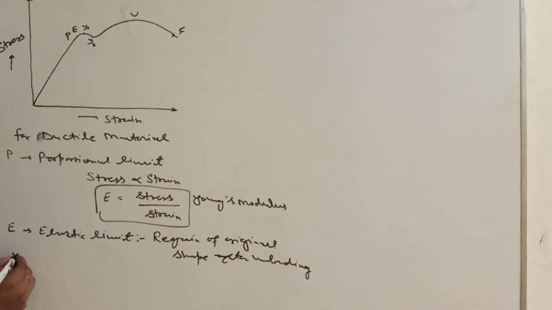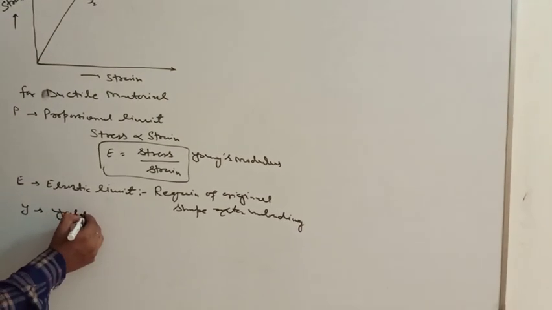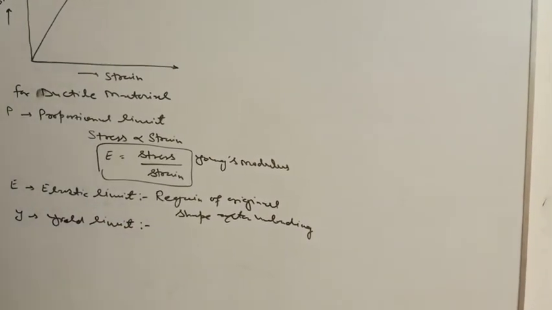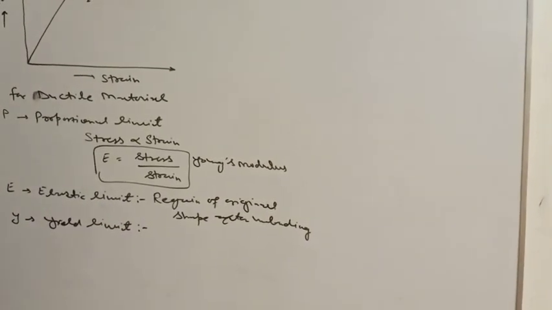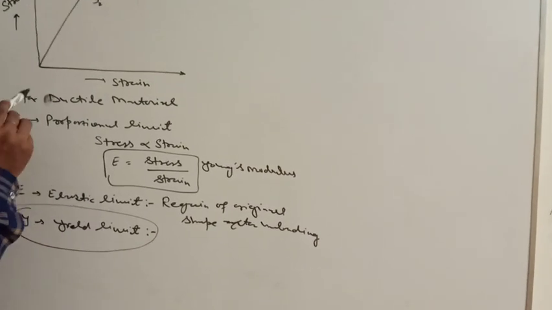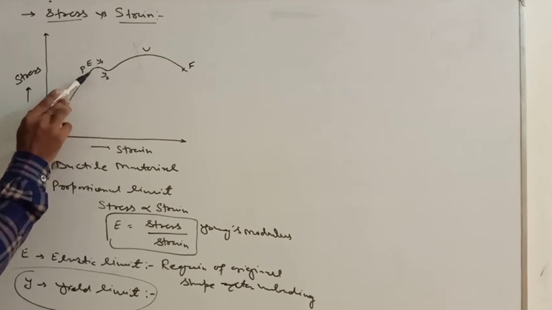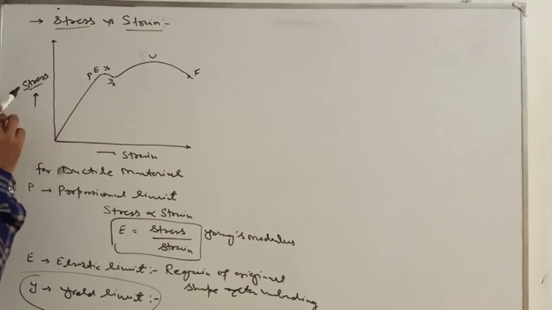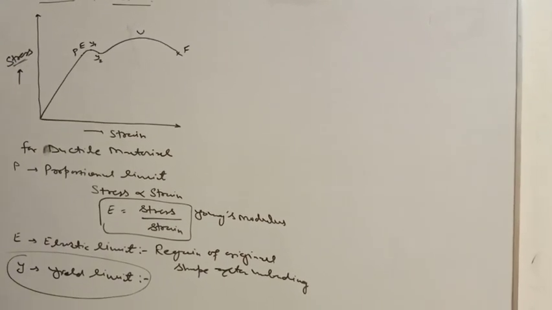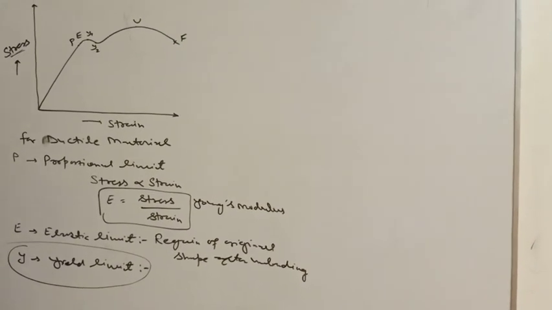Next is the yield limit. The yield limit is very important while we are designing our brittle or ductile material. The yield criteria is considered. In this yield limit, the elongation continues even if we reduce the stress, or we can say there is an elongation without any loading.